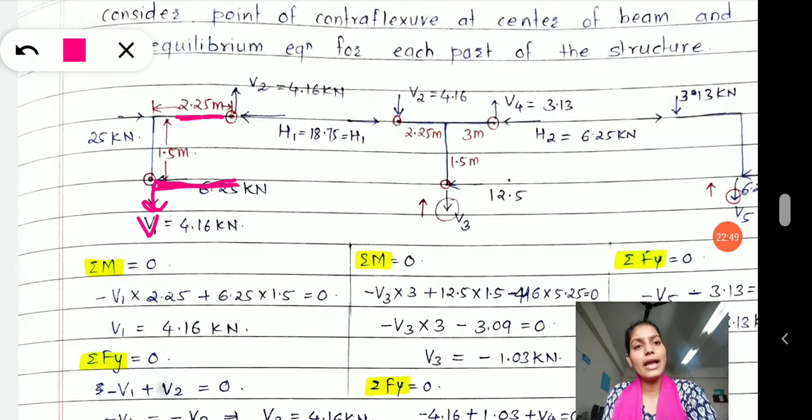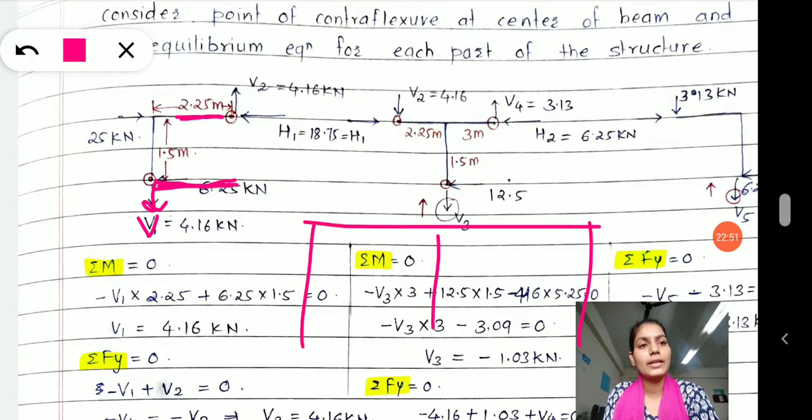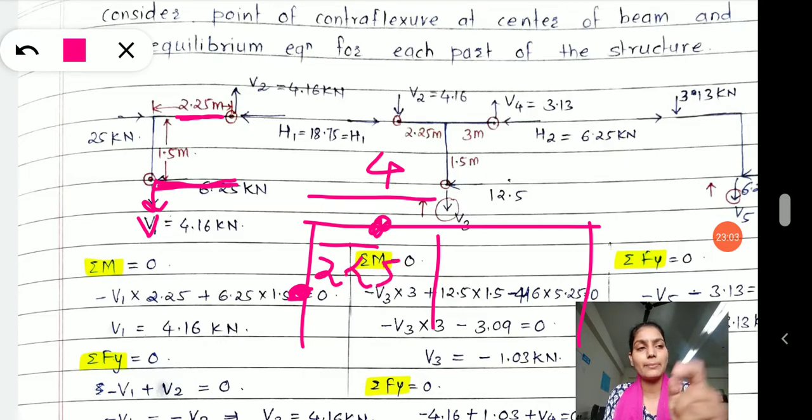Now in the actual frame, the point of contraflexure has been considered at the mid-height of the column and at the center of the beam. So the total distance was 4 meter, which becomes 2.25 meter for the section I have considered here. Whereas the total height was 3 meter, so this distance becomes 1.5 meter. You have to understand this.